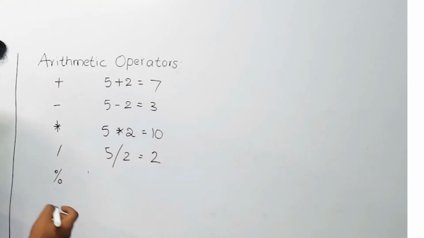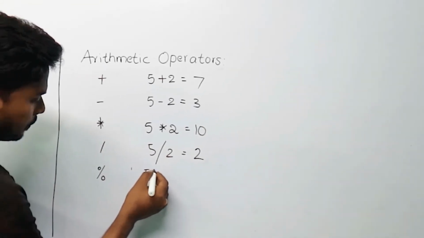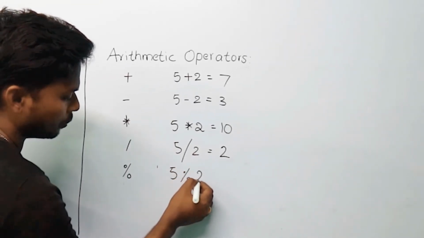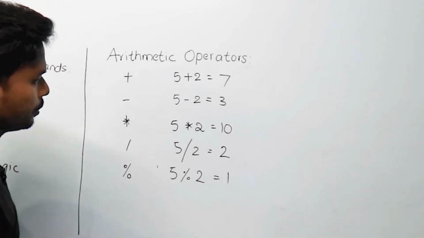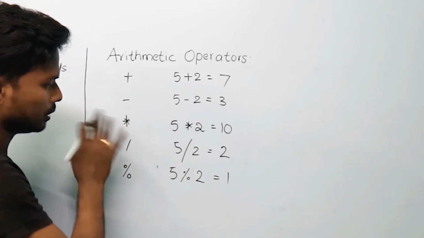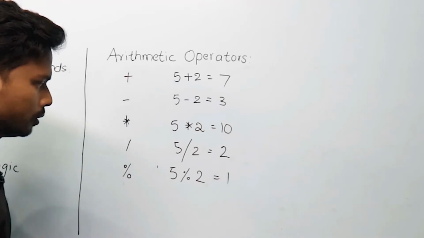I'll tell you why. And 5 modulo 2 will give you 1. So this one is very basic and we know it already.